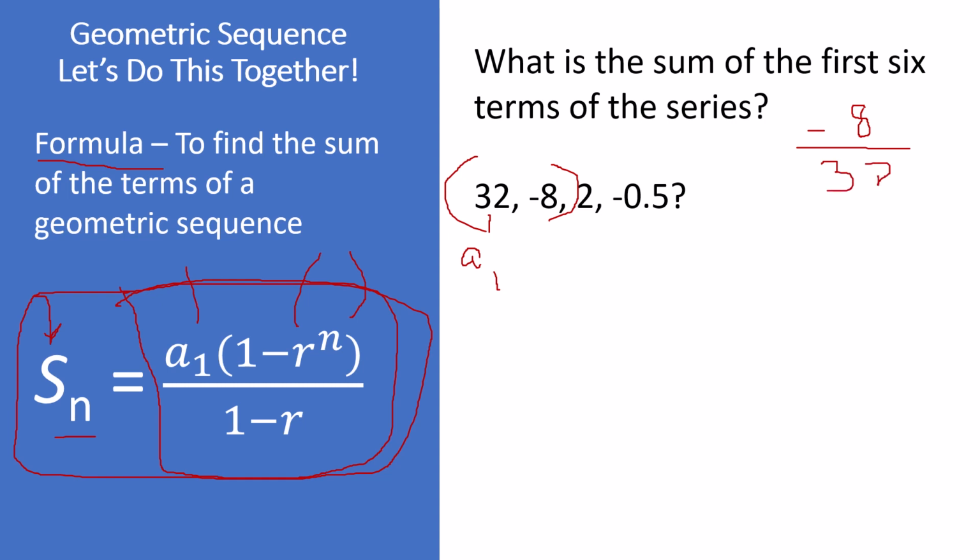So that's going to be negative 8 over 32, which is also the same thing as negative 1/4. And it is not a repeating decimal, so you can also write it as negative 0.25. All right, so we have our r written two ways.